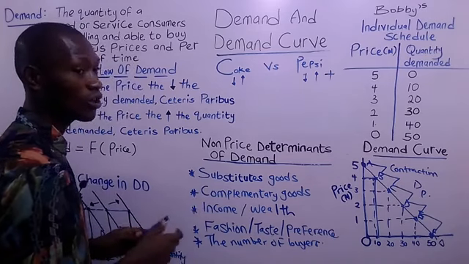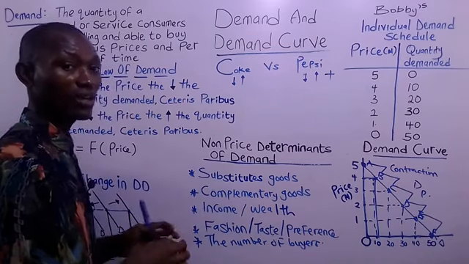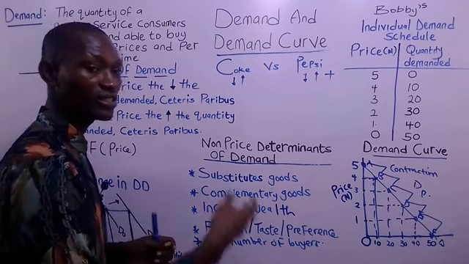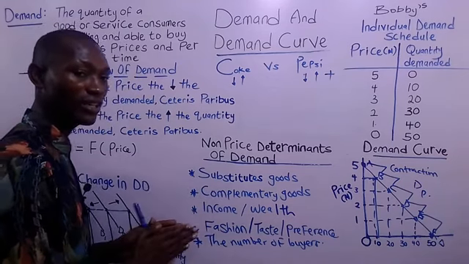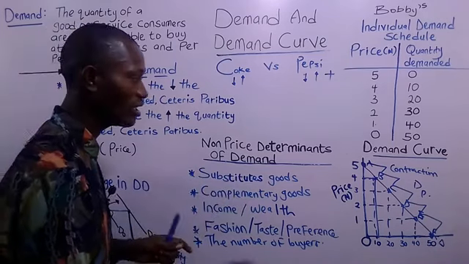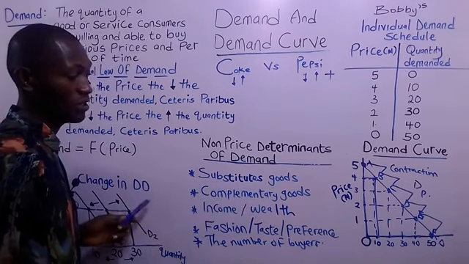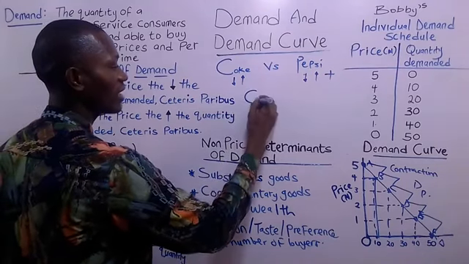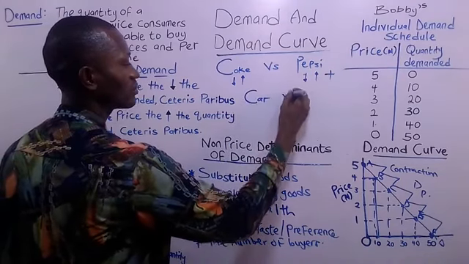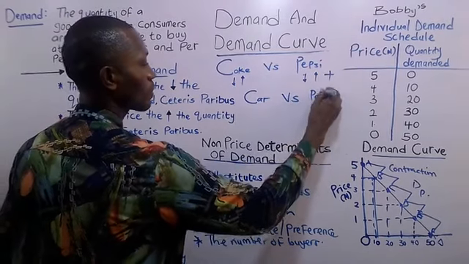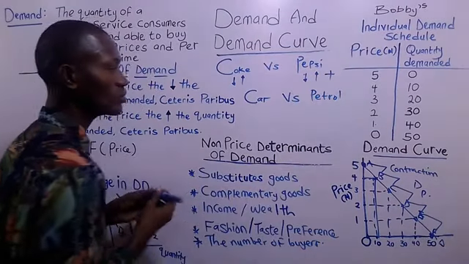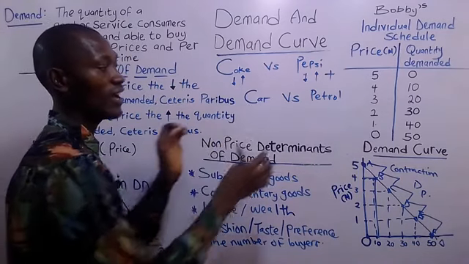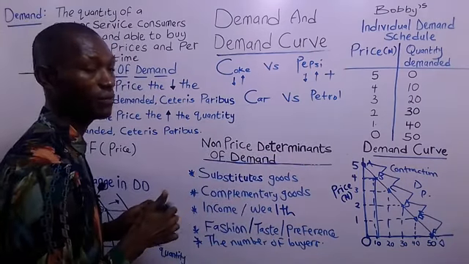Complementary goods. Complementary goods are goods that are bought together. They are jointly demanded. That means when you buy A, you must buy B. A good example of complementary goods is car versus petrol. So how does the change in the price of car affect the demand for petrol?